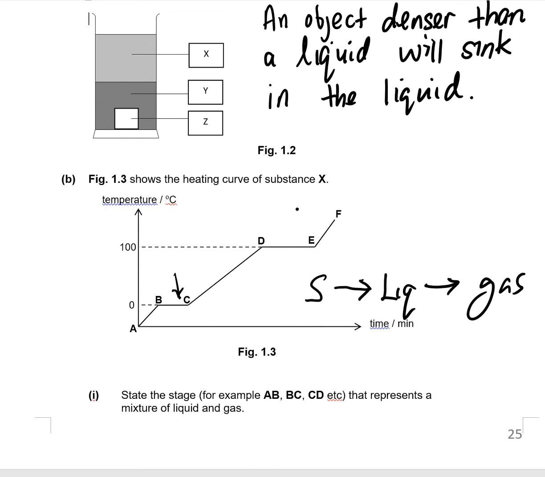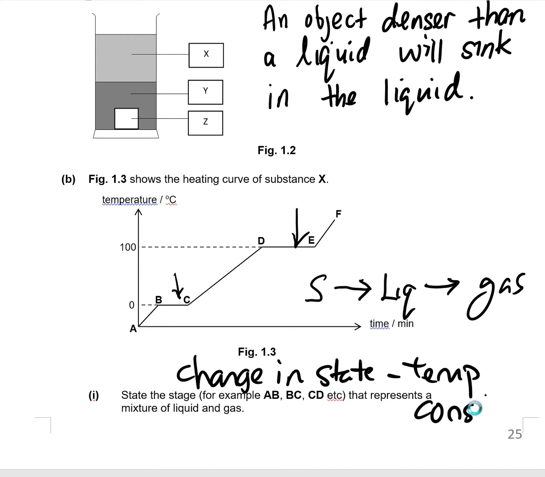Now, each of these horizontal portions refers to a change in state because whenever there is a change in state, there will not be a change in temperature. So when you boil liquid and so on, take note, when there is a change in state, the temperature remains constant.